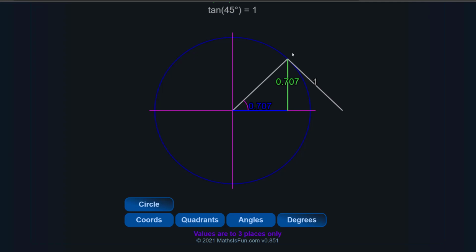Okay. In this case, this is an isosceles right triangle. Đó là một cái tam giác vuông và cân, có nghĩa là hai cạnh của góc vuông ấy nó bằng nhau. In this case, the angle is 45 degrees.